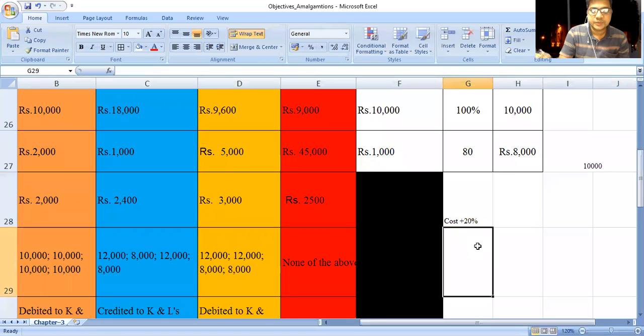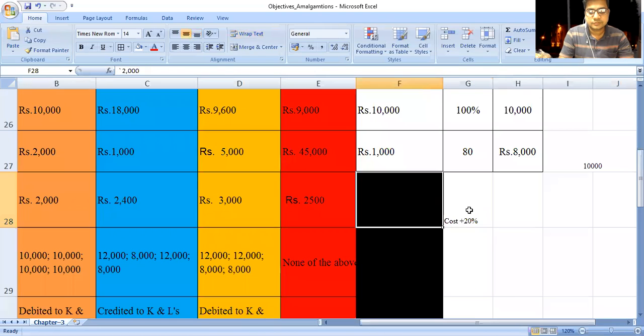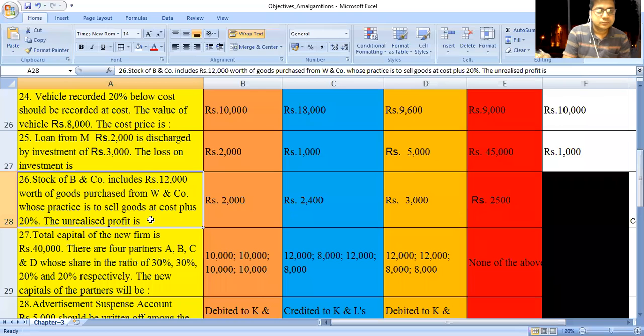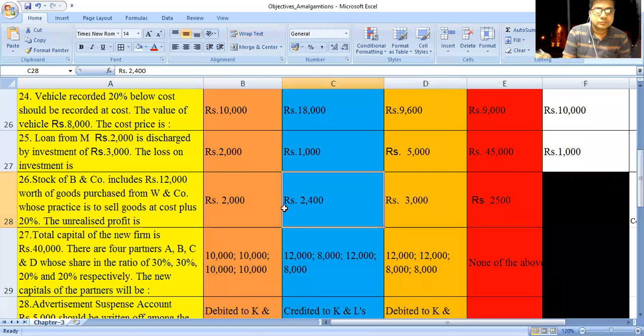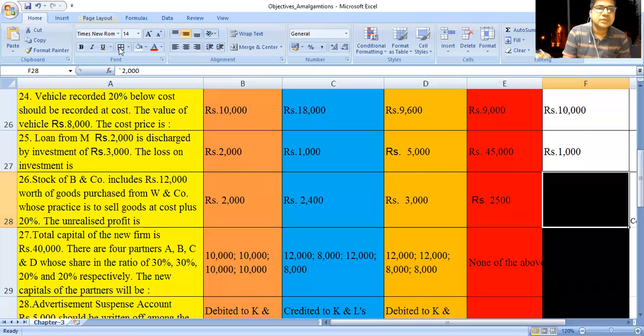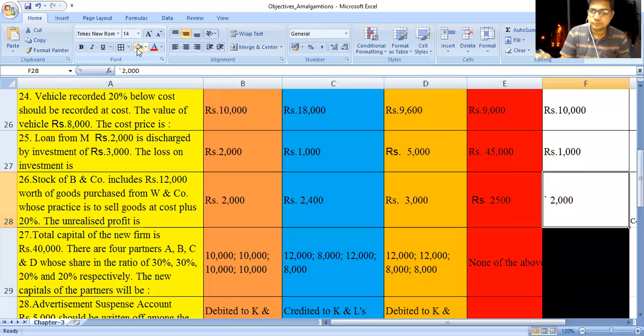Cost plus 20%. So can you find out this? How will we calculate? The answer is 2,000. It means the cost is 10,000.